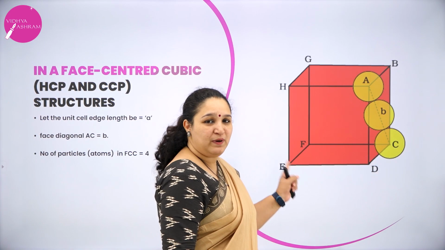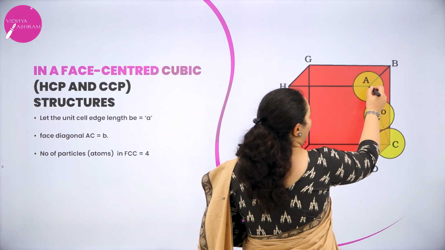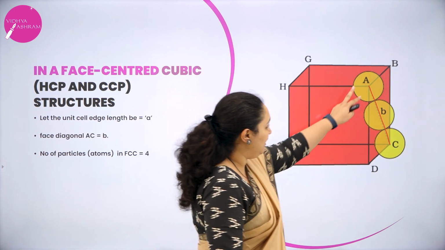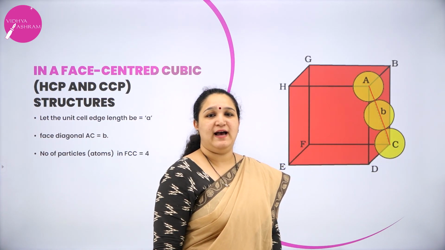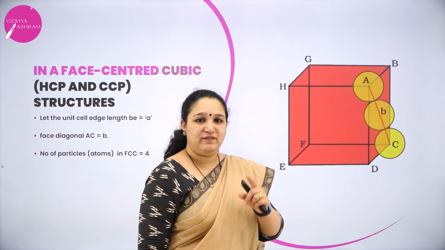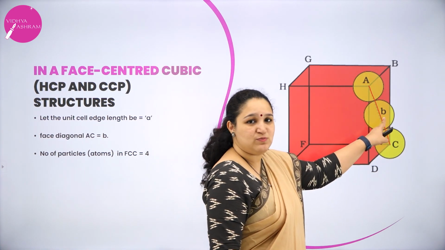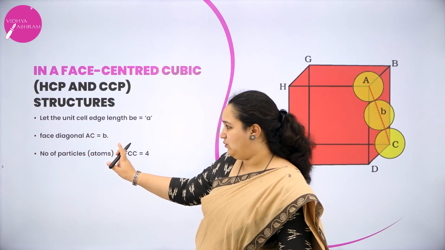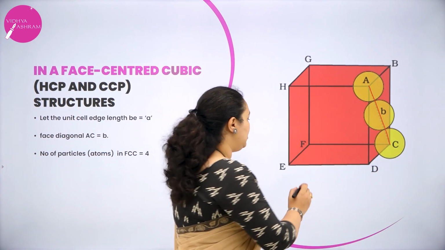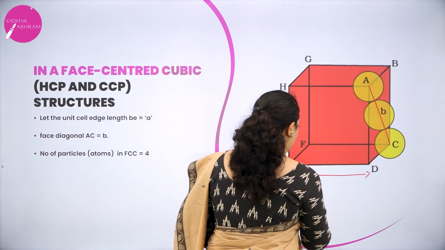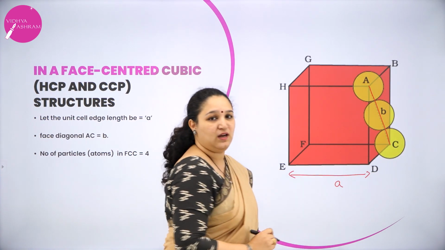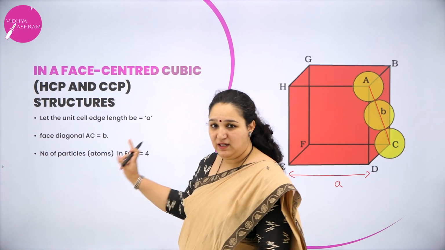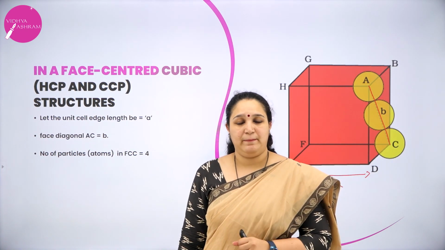In this particular face, if we draw a line joining A and C, we call that the face diagonal, and we are considering it to be small letter b. So, face diagonal AC is equal to b, and the edge length is a.